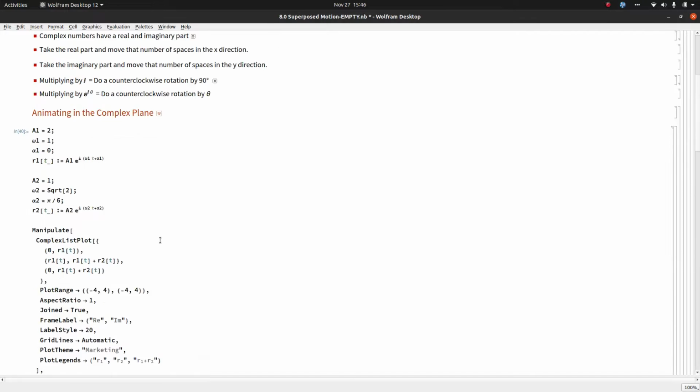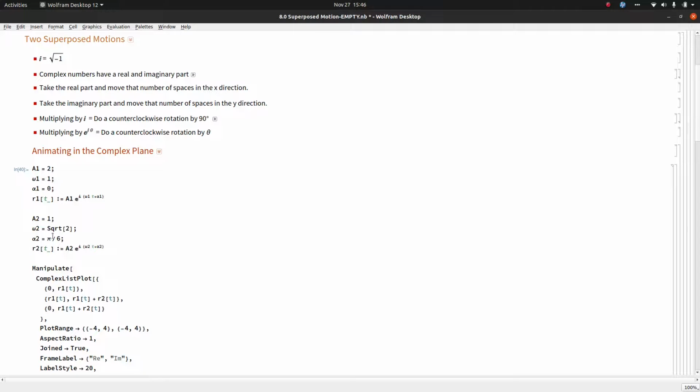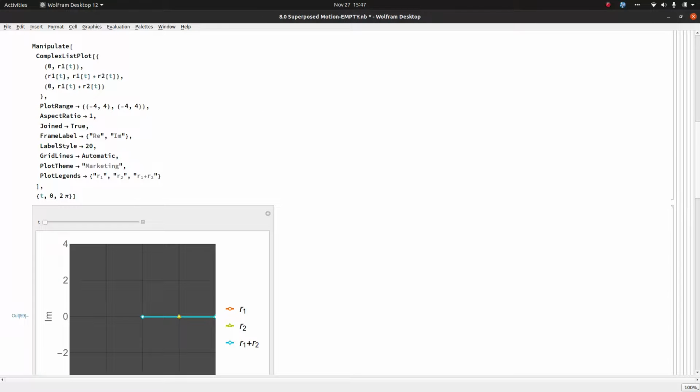Actually, to start off, let's again go simpler here. So we'll start with frequencies that are the same, and we'll start with both of these identical. So they're in phase, same amplitude. Everything's the same. So R1 is equivalent to R2.